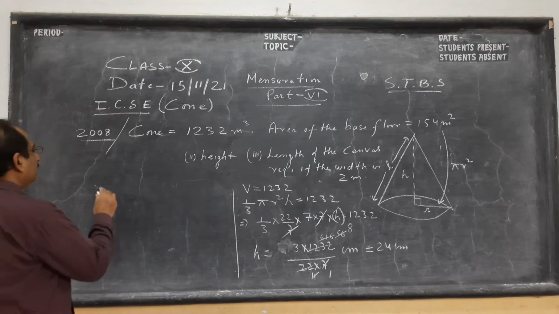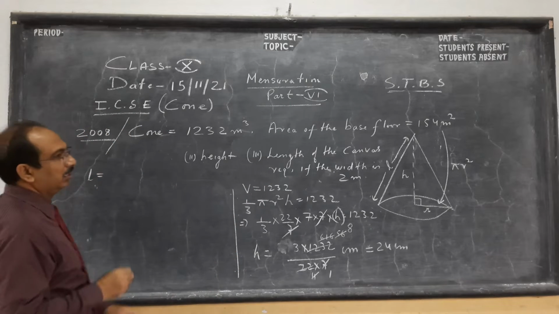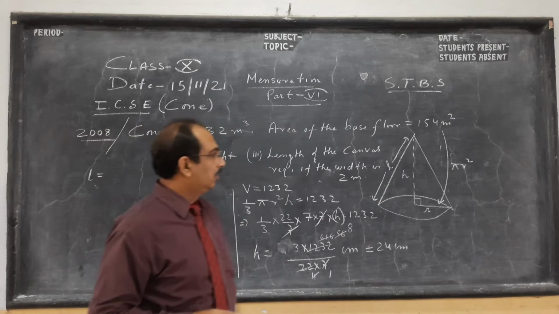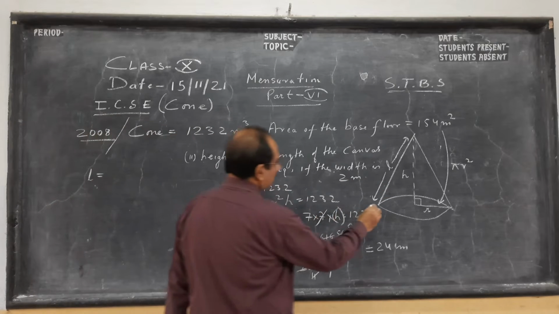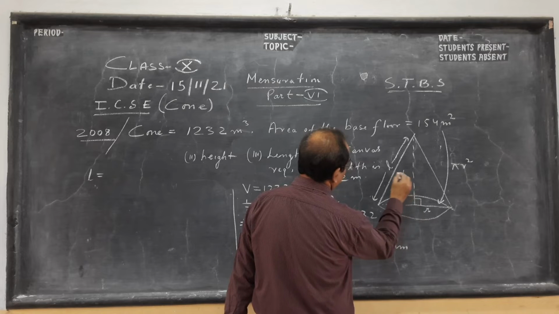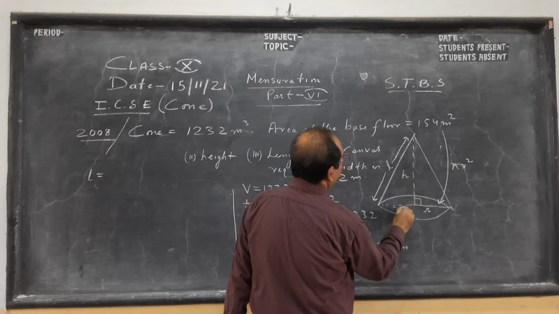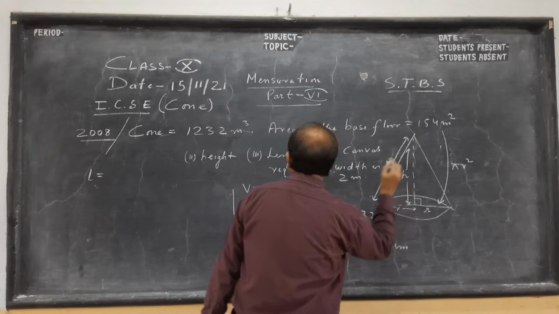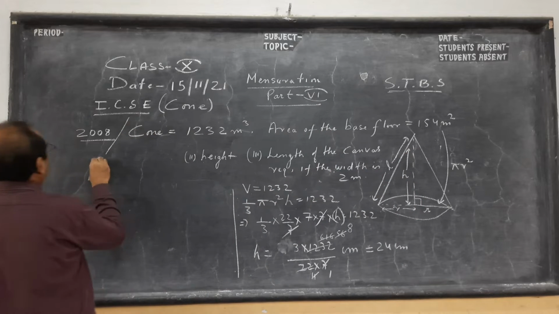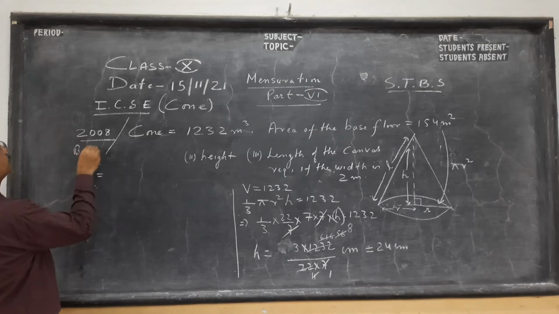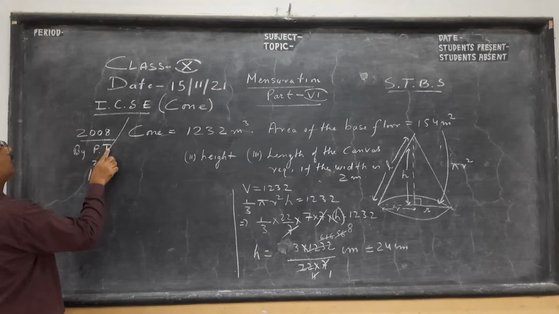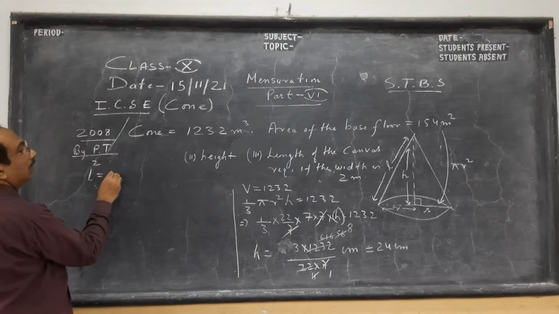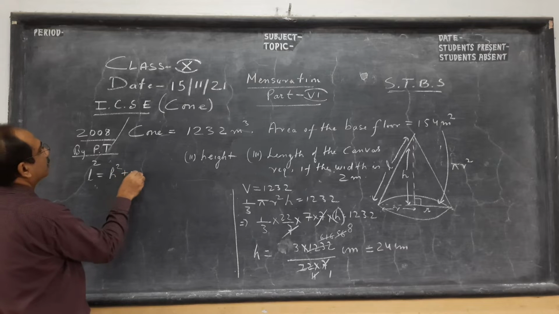Let us find the slant height. Let slant height be L. I have already put it. So we use Pythagoras theorem. Hypotenuse square is this square plus this square. This is the radius, this is the height. So by Pythagoras theorem, L square is h square plus r square.